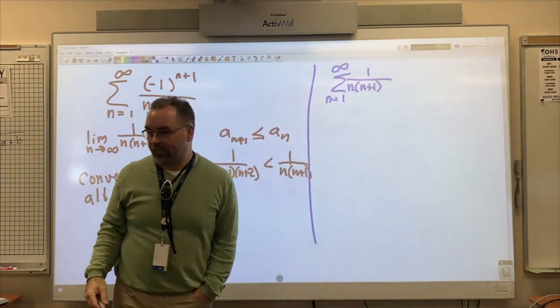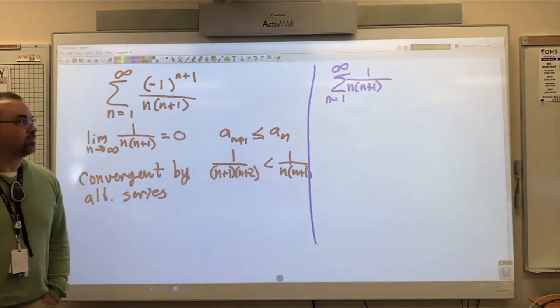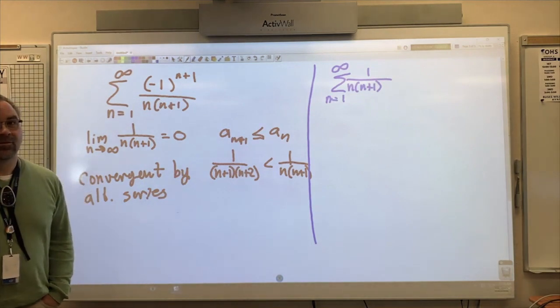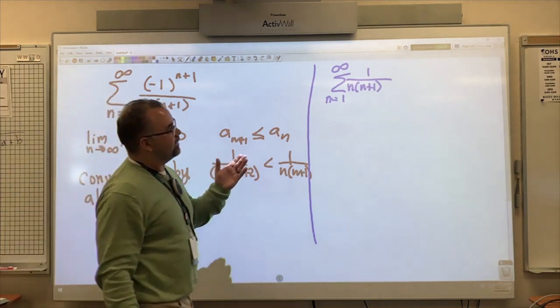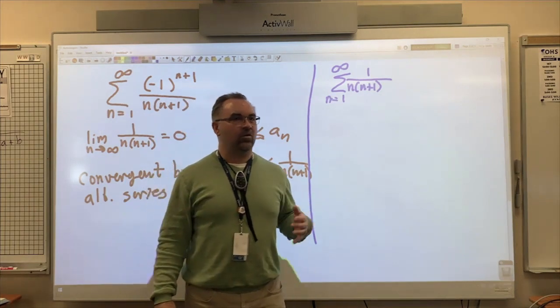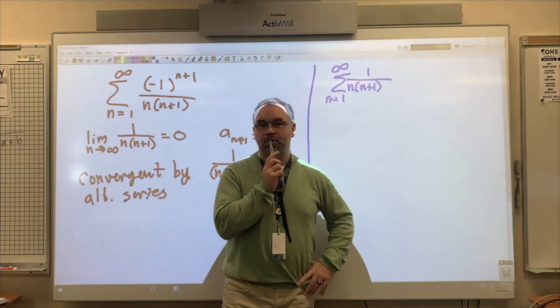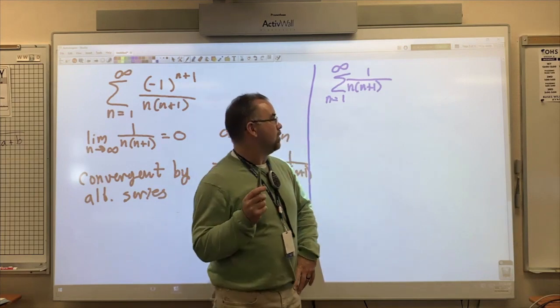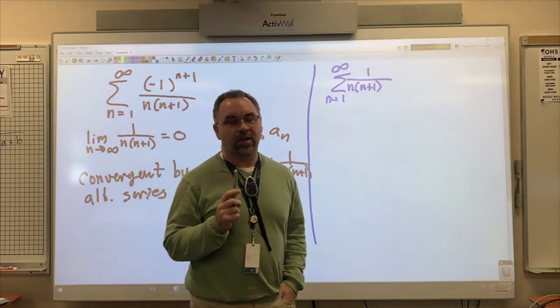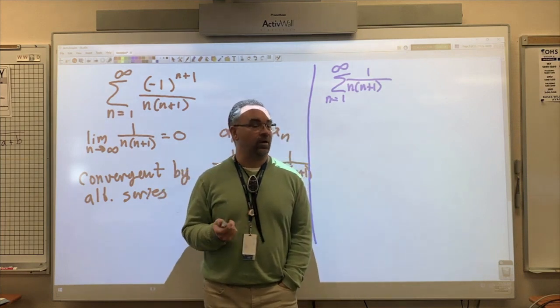What do we think? Convergent or divergent in this case? Right? Changed, didn't it? Because look, this is 1 over n squared plus n. How could you prove convergence or divergence with that? 1 over n squared plus n might be a good one to do a direct comparison with, right?